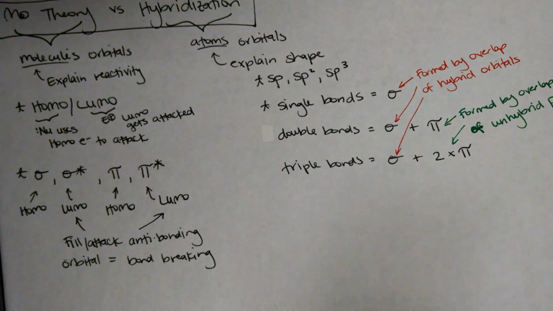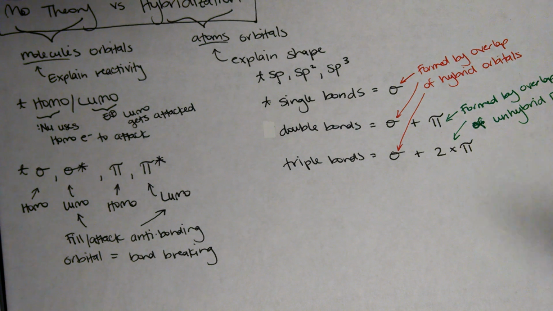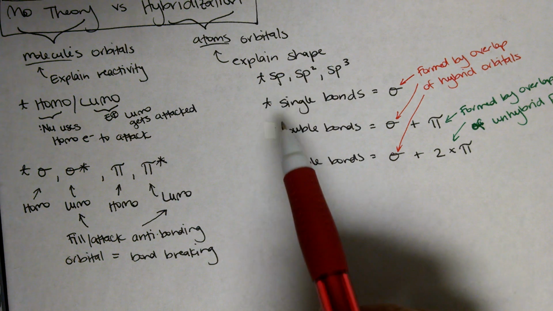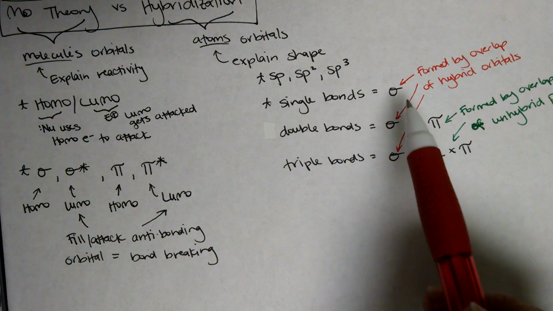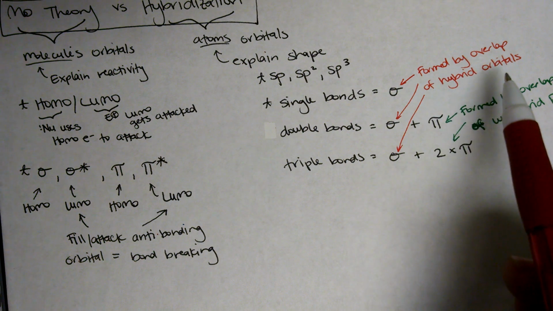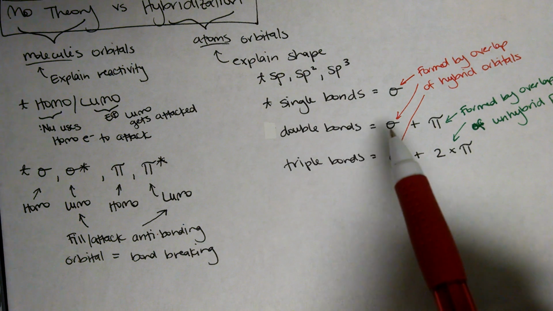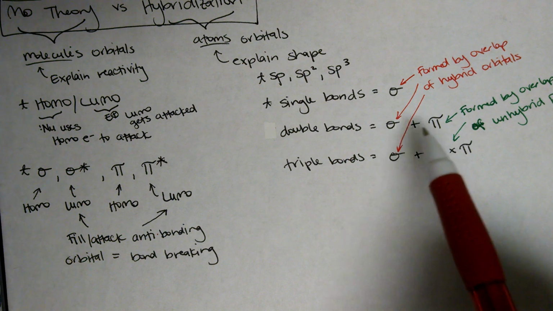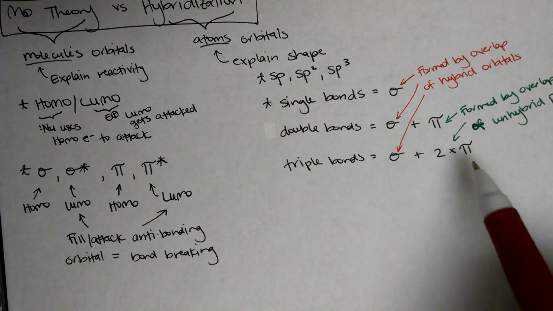And in terms of hybridization, it's a different argument in terms of bonding, because here we're talking about the overlap of hybridized and unhybridized orbitals. Remember that single bonds are always sigma bonds, which are formed by the overlap of hybridized orbitals, and that double bonds consist of a sigma and a pi. Triple bonds are made from a sigma and 2 pi bonds.